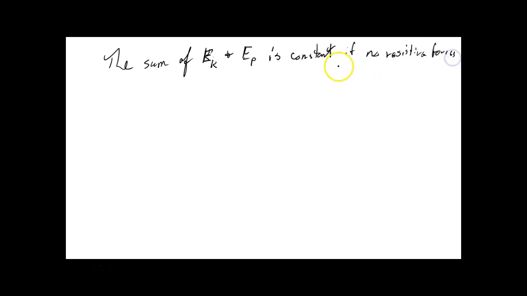The sum of the kinetic energy, let's call it E sub k, and the potential energy, and this time I'll let them get away with E sub p because it can be any potential energy, in a system is constant, if no resistive forces do work.